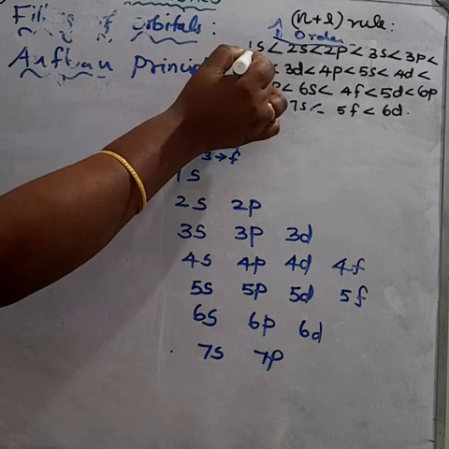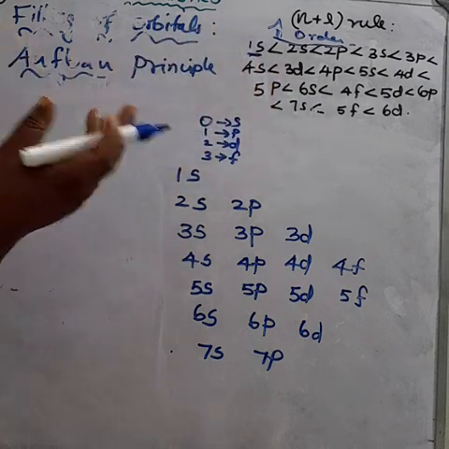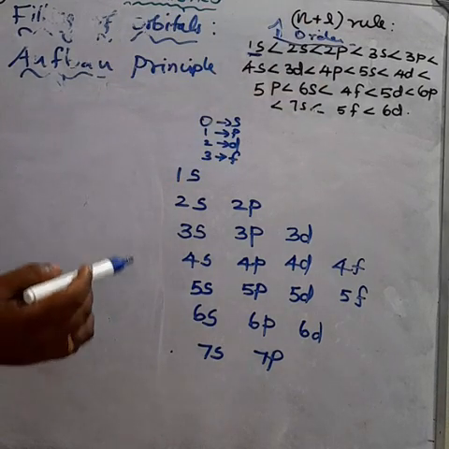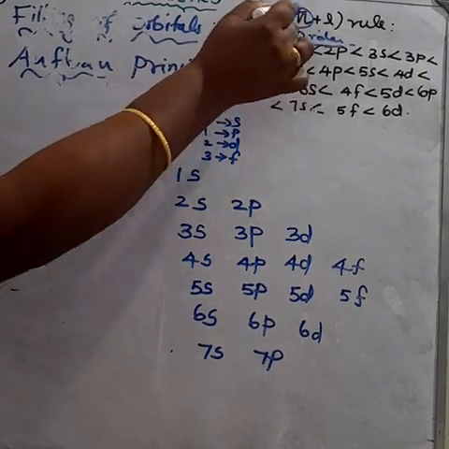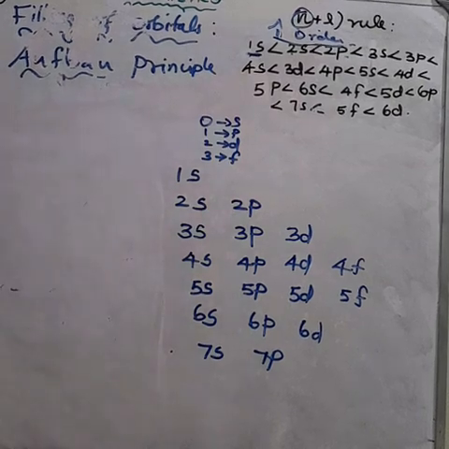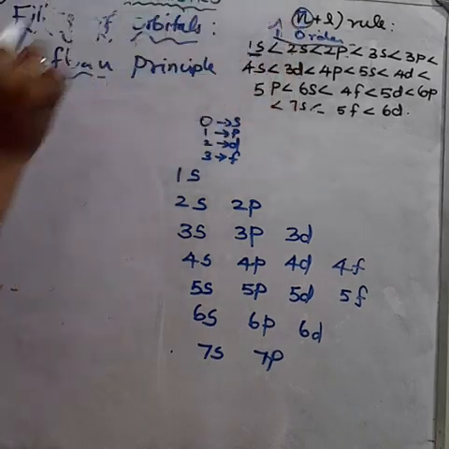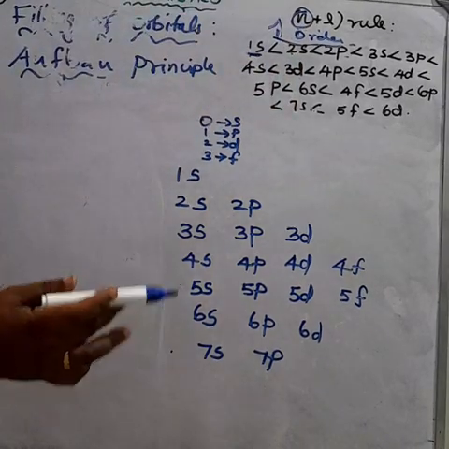If two orbitals have the same value of n plus l, the orbital with the lower value of n will have the lower energy. Okay, if we get the same n plus l value, we consider the n value. Whichever has the lower n value, that is the lower energy orbital.